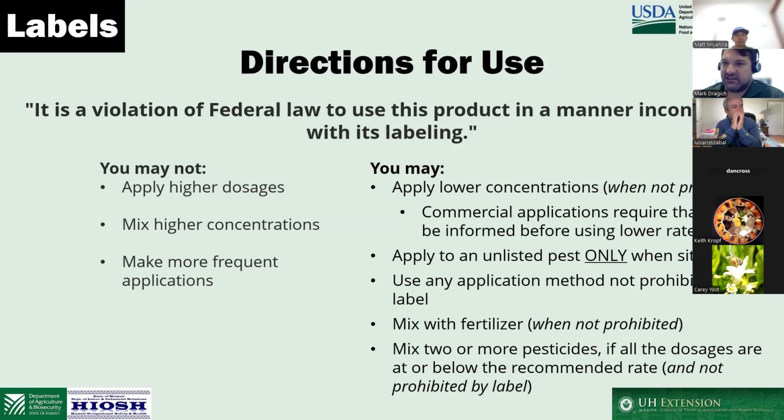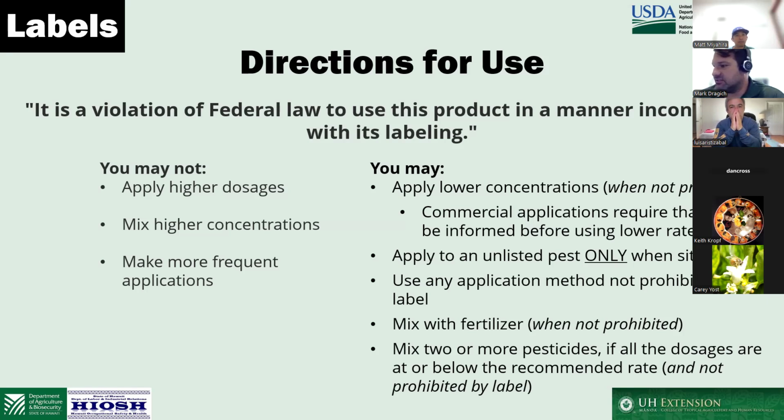But if it doesn't have that, you can apply a weaker or more dilute mix. It's not recommended because you're breeding resistant pests at that point, but you can legally. The caveat there is commercial applications. If you are a service provider and you provide a service to someone else and you use a lower rate, you have to inform the client.